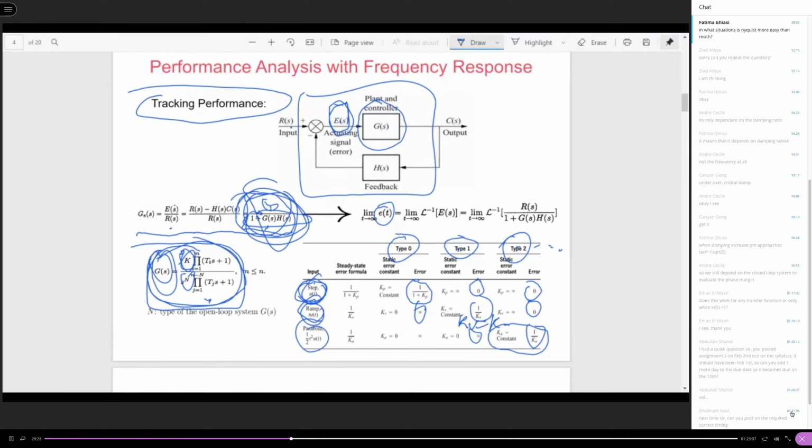Then you can move to the evaluation of the tracking performance. You see what I mean? You cannot reverse the order. You have to check the stability first, and then the tracking performance. It's clear? Any more questions about this?